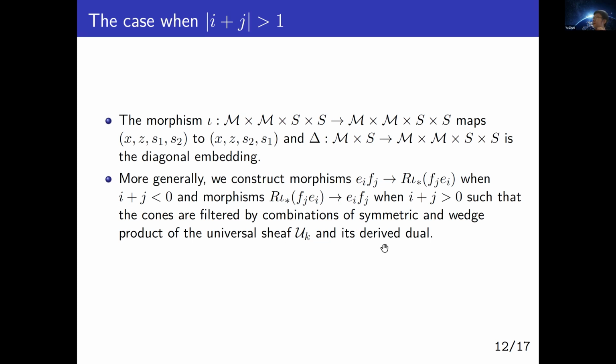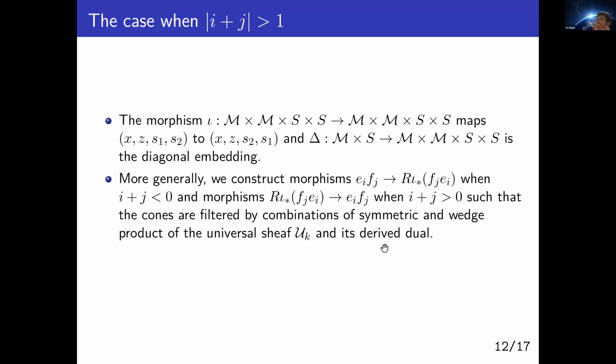And given a Hopf algebra, we can associate to it a solution of the Yang-Baxter equation, which we call an R matrix. And the R matrix could be related to a knot invariant.